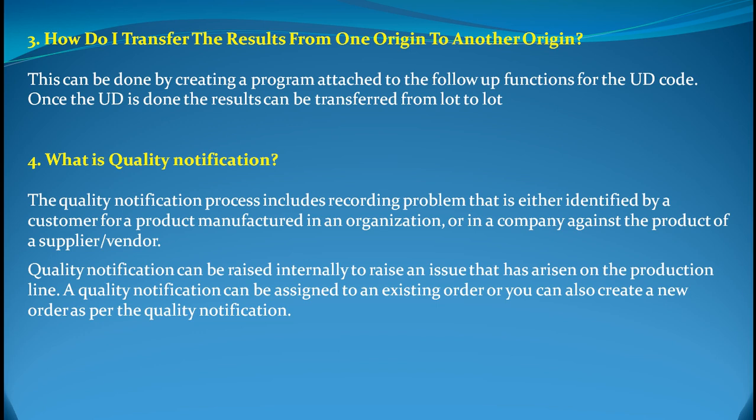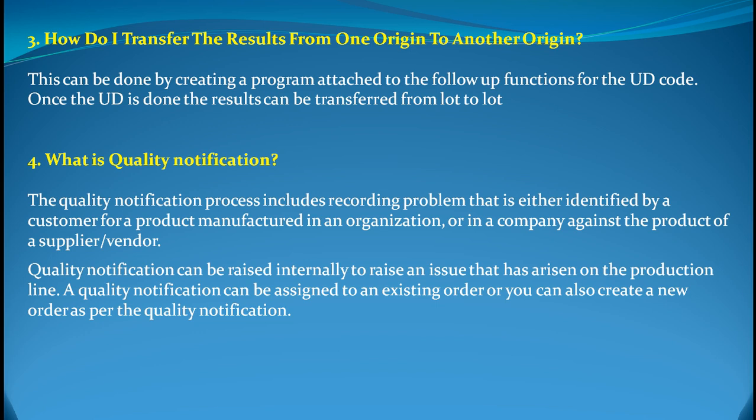What is quality notification? This is a process which includes recording a problem which is either identified by a customer for a product which is manufactured in an organization, or it could also be identified in a company against the product of a supplier or a vendor, right? So basically, quality notification is any defect that is identified either by a customer or by a company against any product of a supplier, and this can be raised internally to raise an issue that has arisen on the production line.